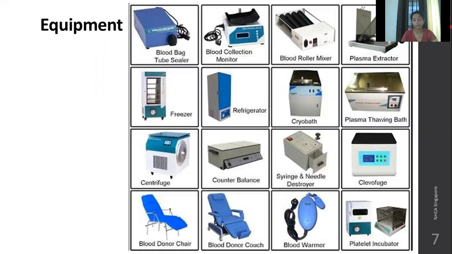These are a few equipments mentioned in the textbook: blood bank refrigerator, tube sealer, blood collection monitor, blood roller mixer, plasma extractor, freezer, refrigerator, cryo bath, plasma thawing bath, centrifuge, counterbalance, syringe needle destroyer, clevofuge, blood donor chair, blood donor couch, blood warmer, platelet incubator. So these are the more commonly used equipment that you will find in a blood bank.